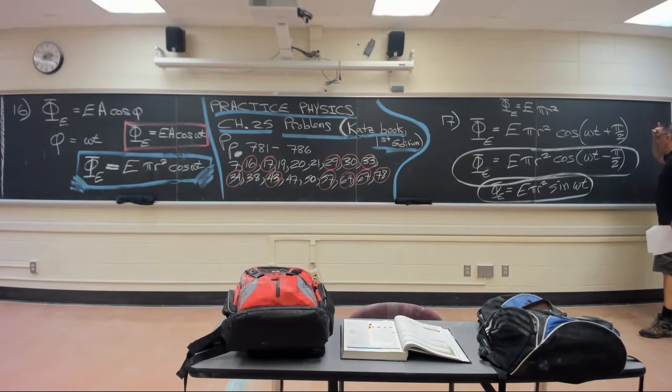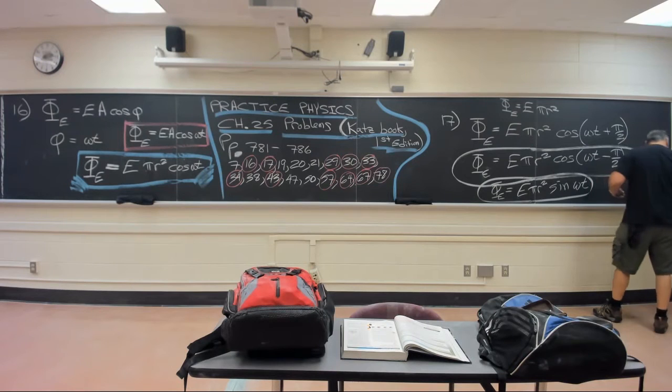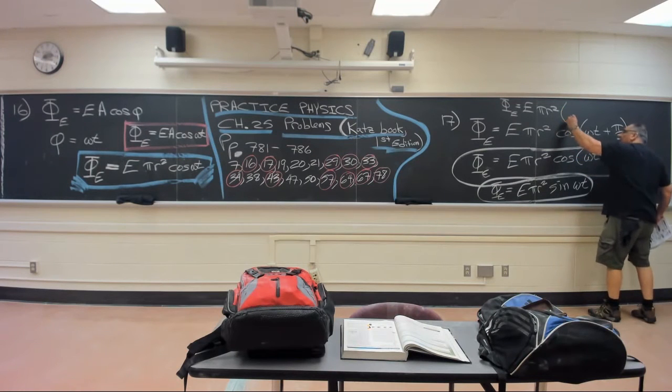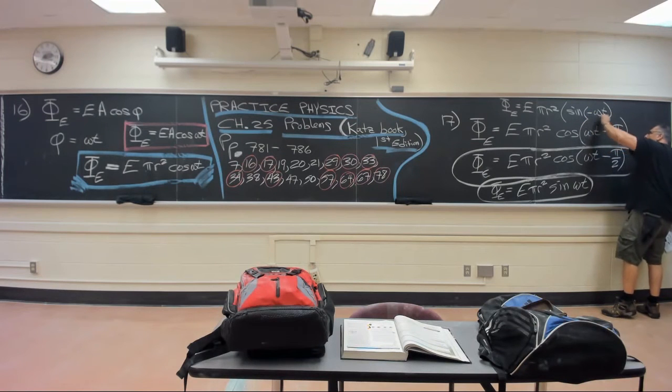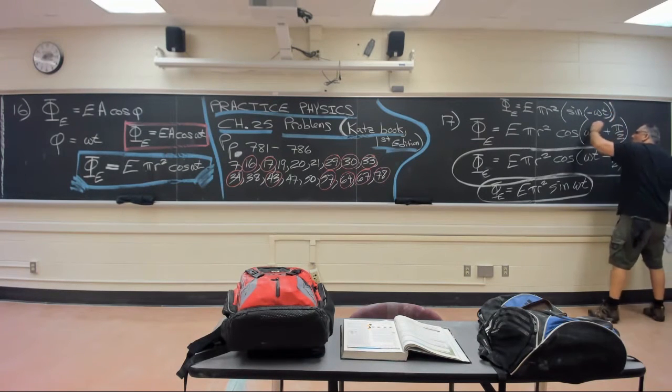What happens if you ask what's happening at a later time? You're basically getting this, which is negative sine omega t, which is sine negative omega t.